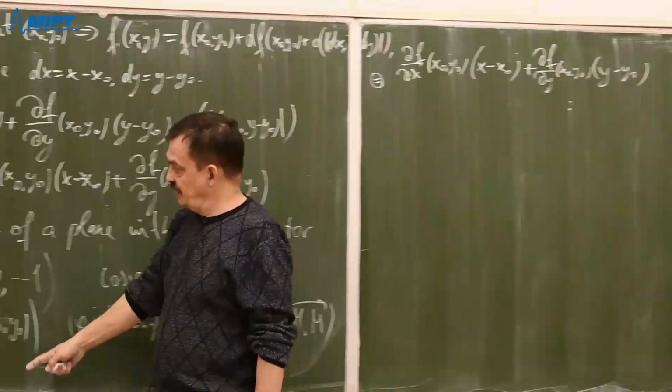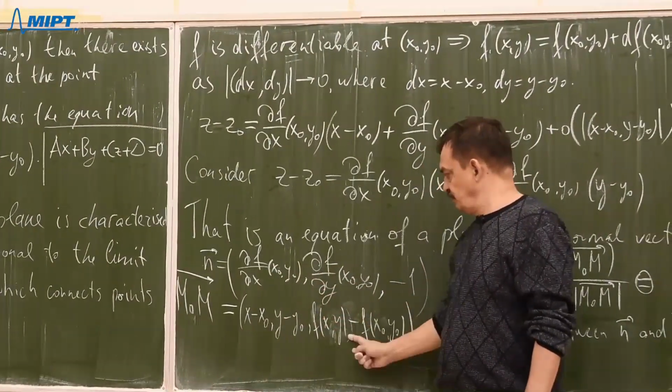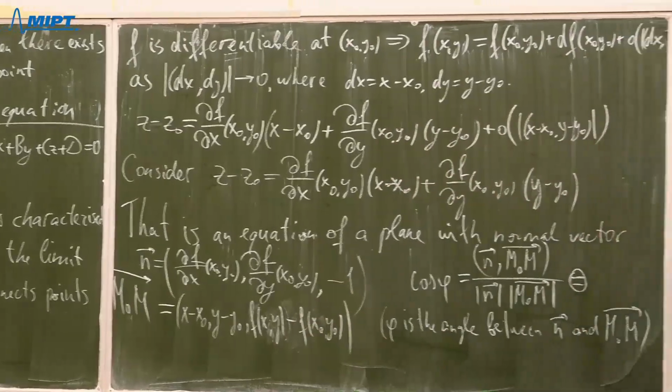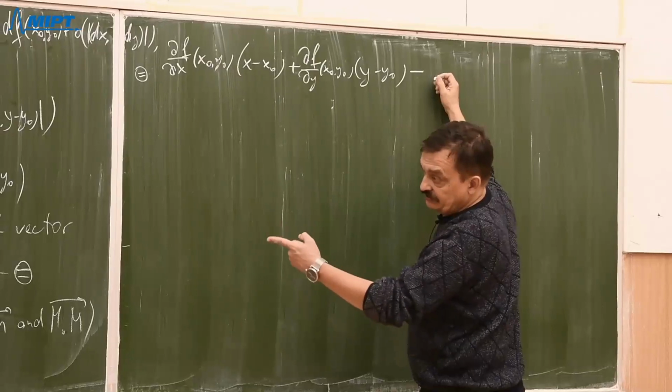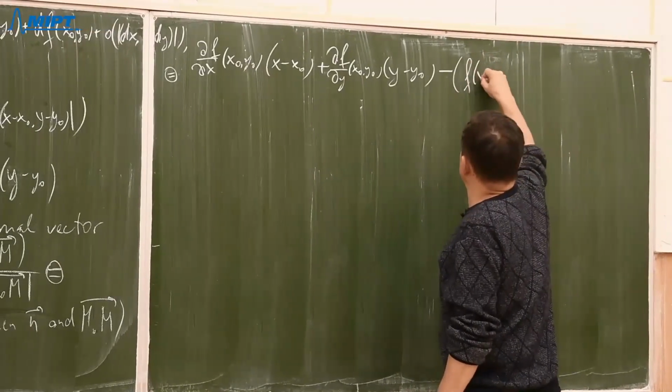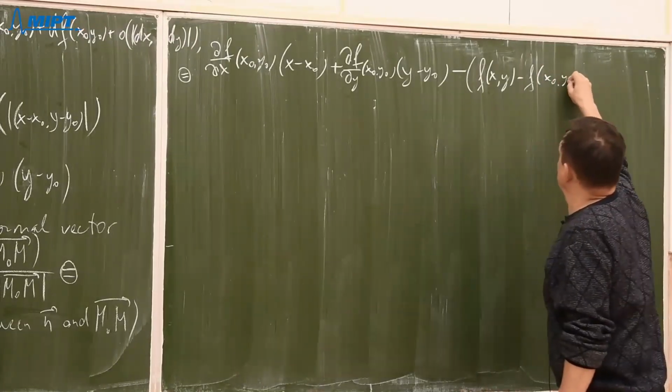So I consider the scalar product, that is the sum of products of corresponding coordinates. Minus 1 times the difference f of x, y minus f of x naught, y naught.